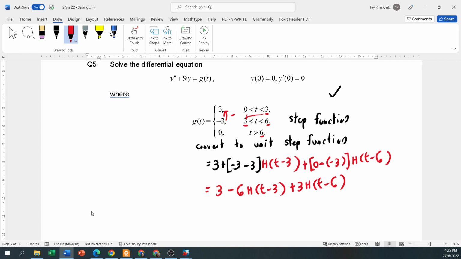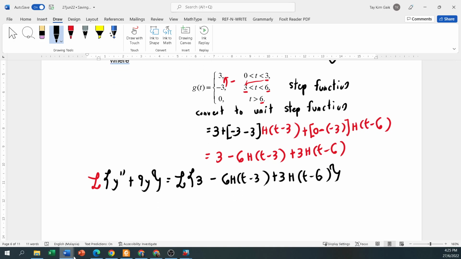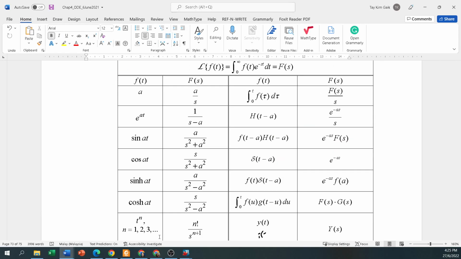So the Laplace transform for y double prime plus 9y equal to the Laplace transform for g(t), which is 3 minus 6 h(t minus 3) plus 3 times h(t minus 6). For the Laplace transform of the second derivative, if you cannot remember, just look back at the table of Laplace transforms.